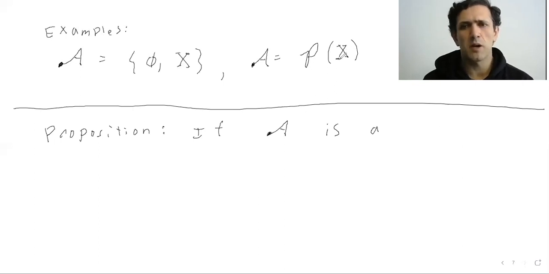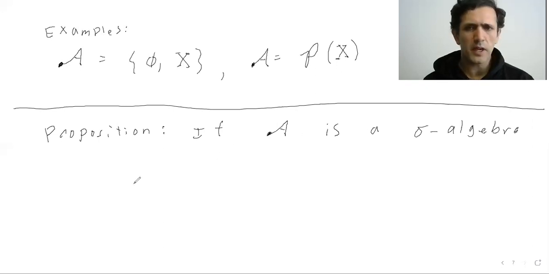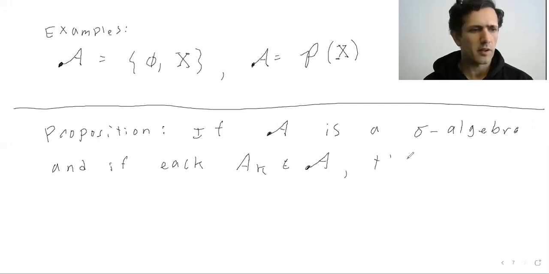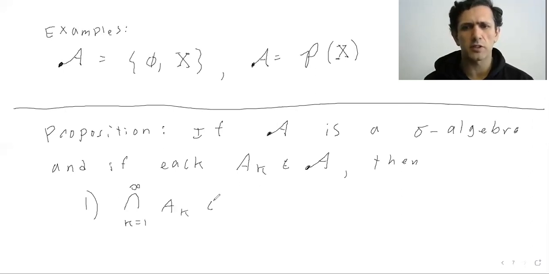There is just some big X lurking in the background. And if we have each A_k in script A, then three things. One, the countable intersection of the A_k is also in script A.